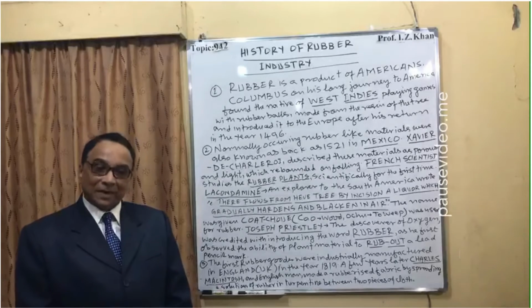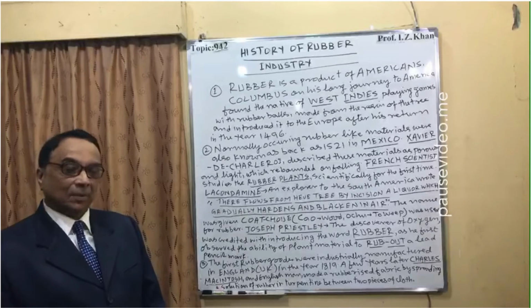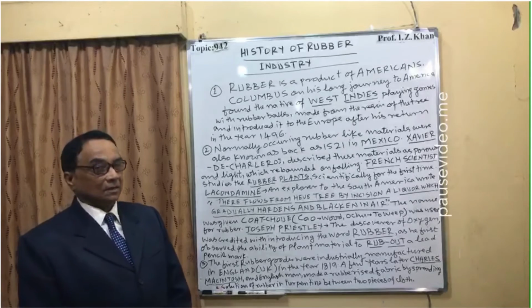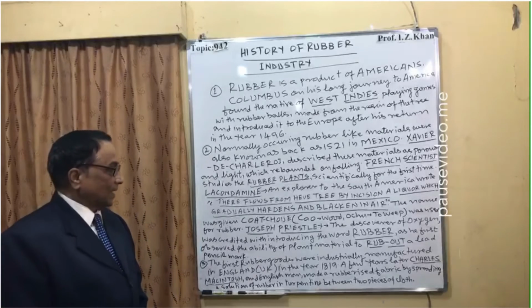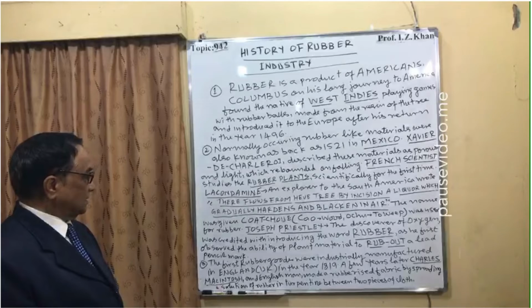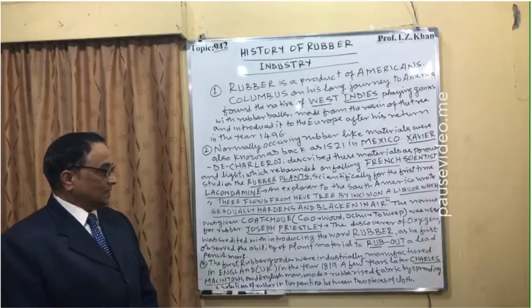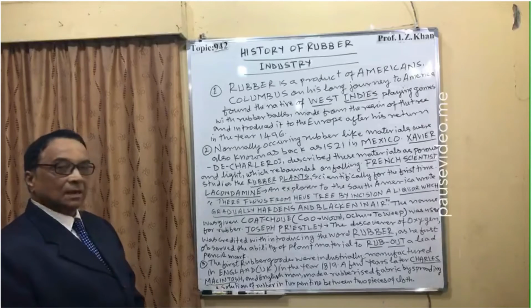So from his work he gave the name rubber, from the concept of rubbing out the pencil mark. He first observed the ability of plant material to rub out a lead pencil mark.